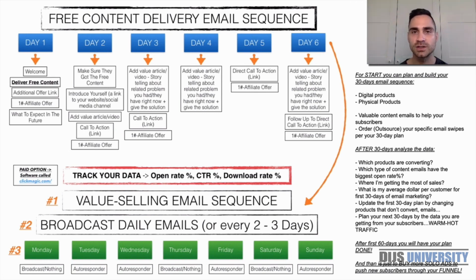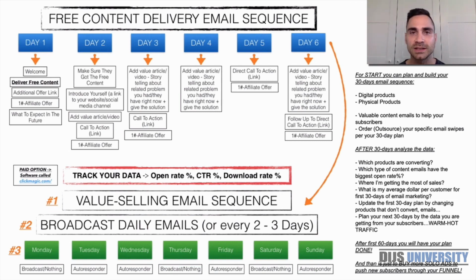And then is just to actually buy more solo ad traffic with your best solo ad vendors and keep pushing new leads through your funnel. So this is the entire structure of your solo ad business that you can create on the side to create an additional $100 per day with solo ad business.